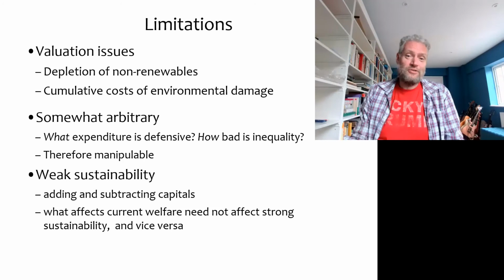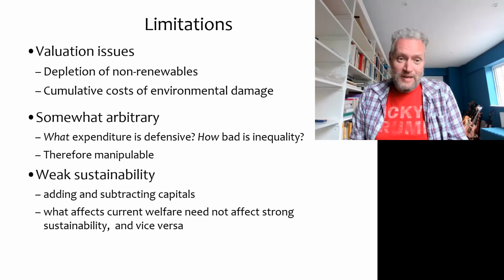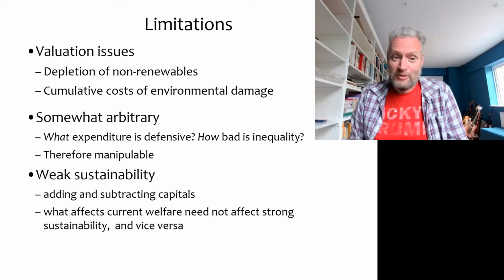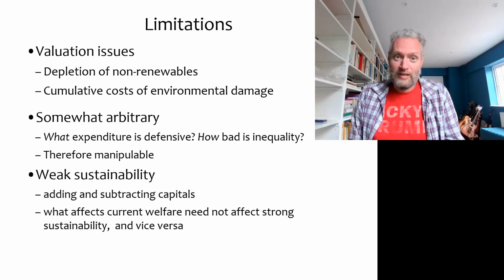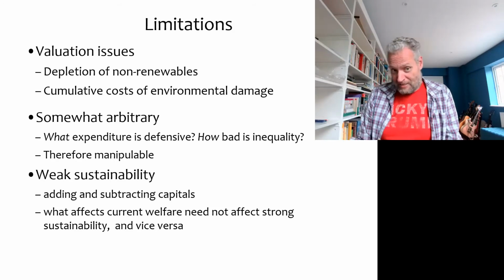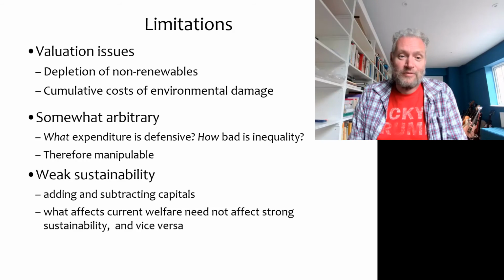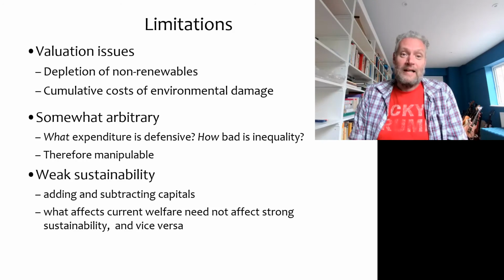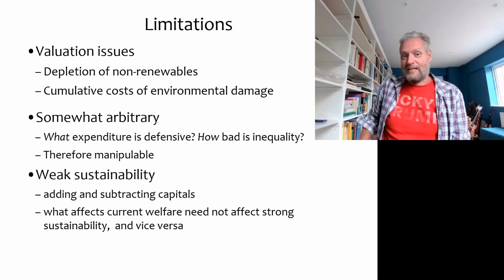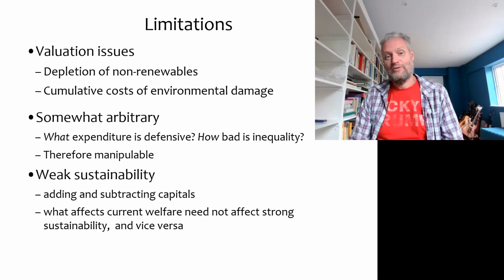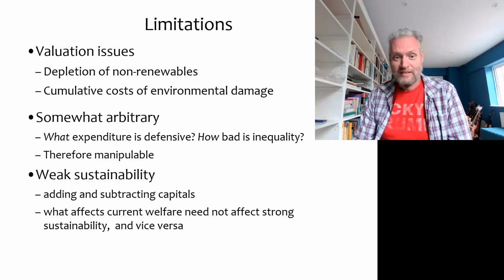There's all sorts of issues with this measure. An important one is the valuation, because an important part of this whole accounting is that you're depleting the non-renewables. You're depleting oil and coal and gas and all sorts of metals and what have you, and that somehow needs to be valued, and that what needs to be included is the true value and the true scarcity value, not just what you get on the market.